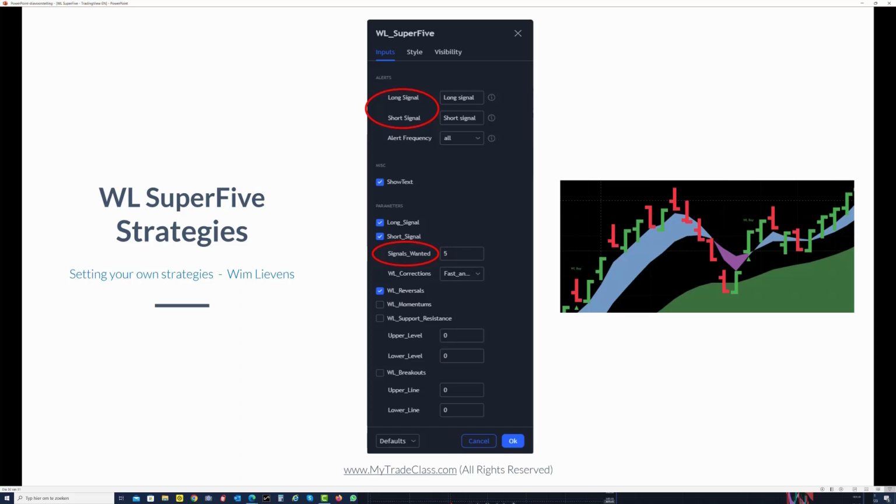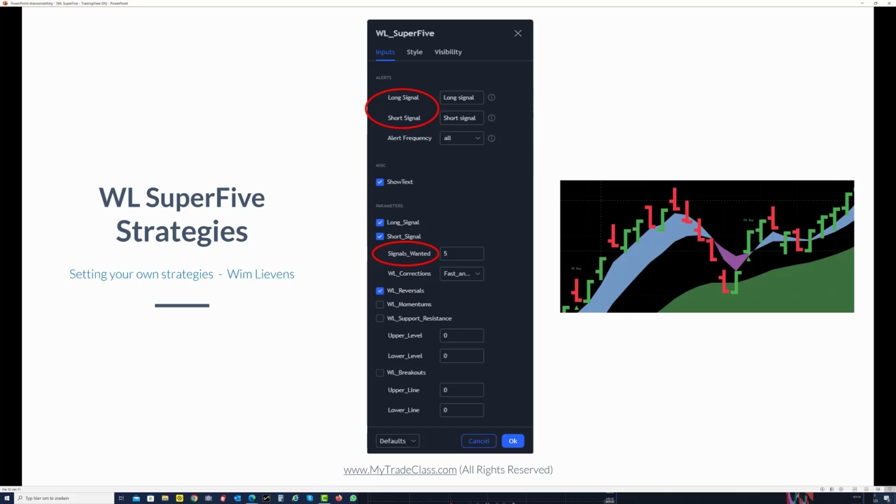So we like to trade the young moves. And so here there is a counter where I can actually say, hey, I just want the first or the second or the third correction. So to give you an idea, in signal wanted, for corrections, I will put in 3. And for momentum, I will put in 1 or 2. This filters out all the trends.